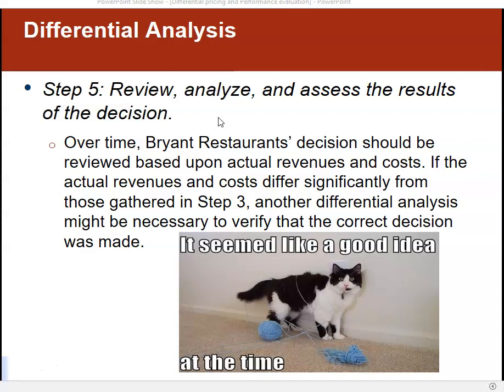But let me throw this out at you for a second. Let's say that we have a major competitor with a very, very similar clientele to what we have. And let's just say that before we ever added a salad bar, we were profitable.